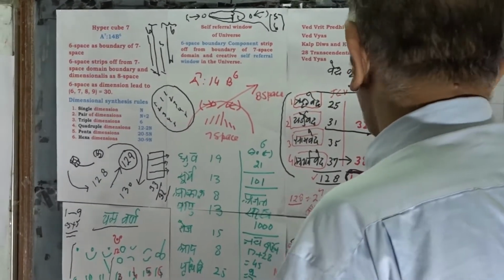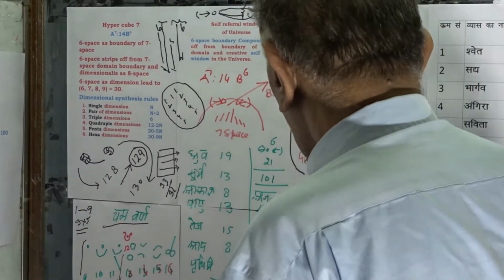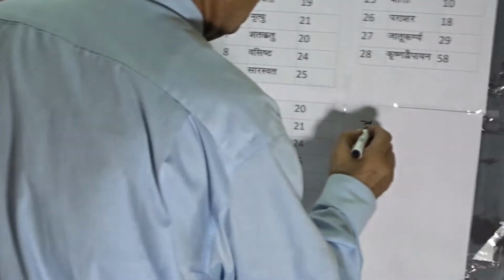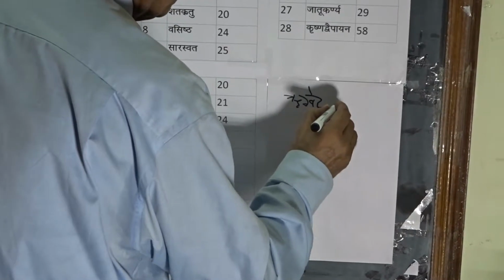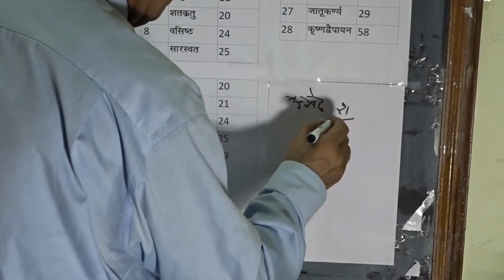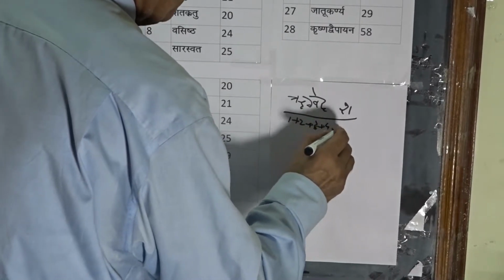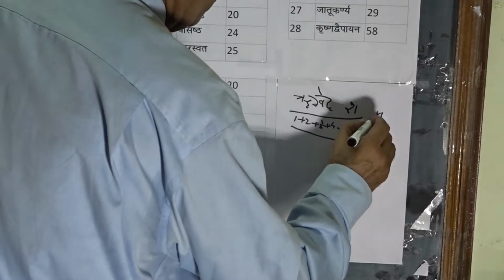Now let us go a step ahead. Let us see that Rig Ved is having 21 branches, and we know value 21 is equal to 1 plus 2 plus 3 plus 4 plus 5 plus 6. This also we know is a form value of a pool.